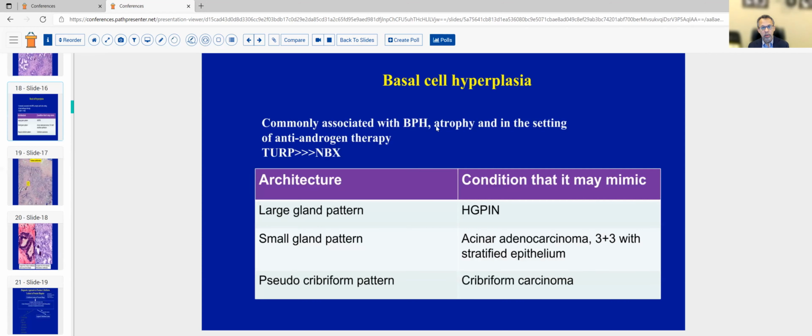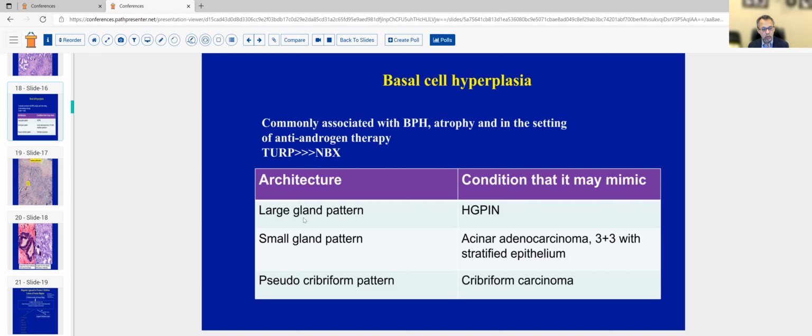So basal cell hyperplasia is again commonly associated with BPH, atrophy, and in the setting of anti-androgen therapy. So you are more likely to encounter them in transurethral resection of prostate specimens compared to needle biopsies.